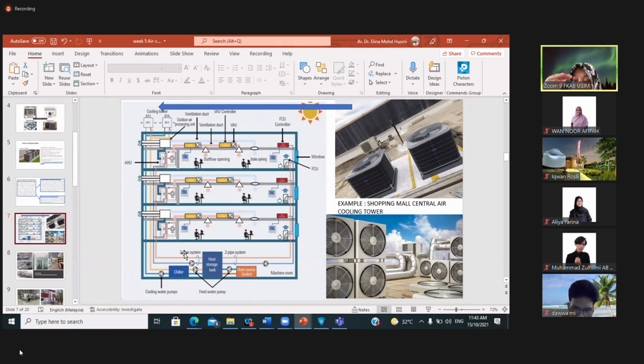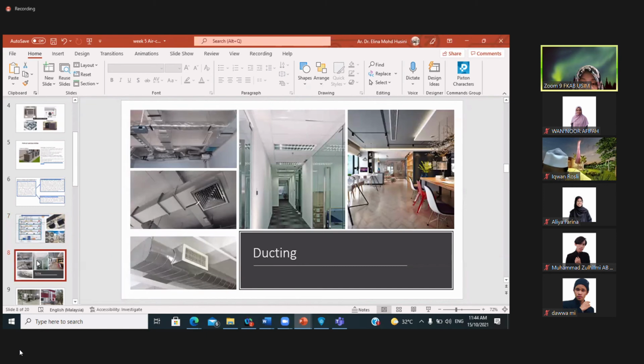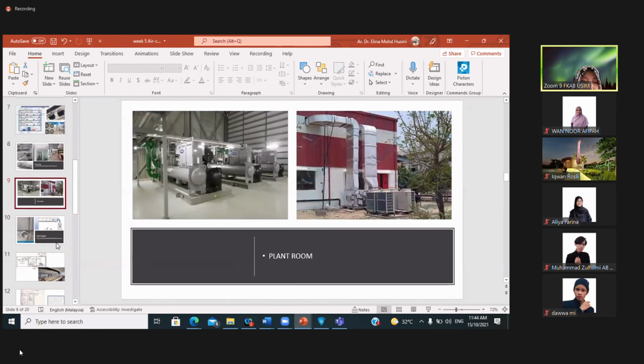You may see on top of the roof area, they have this kind of component. This is actually a cooling tower. Ni adalah compressor that contains fans. Ada kipas. Okay, yang ni you dah faham dah.